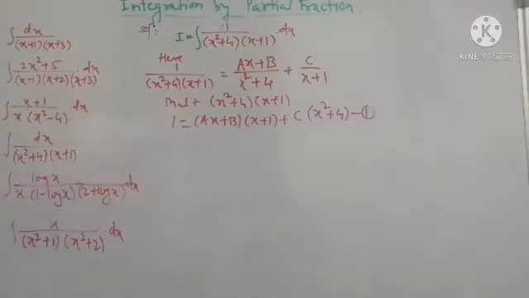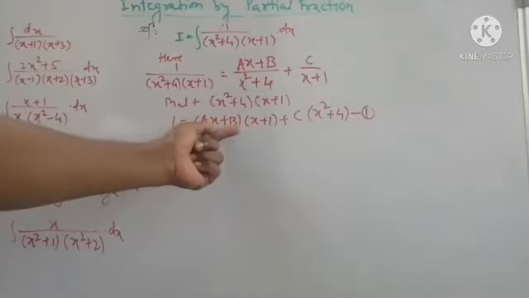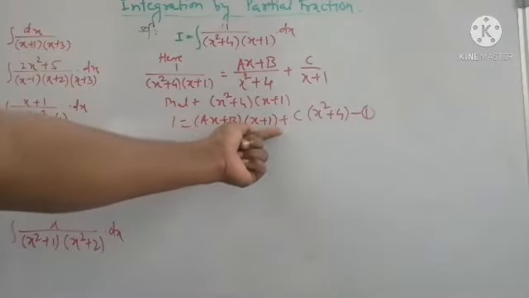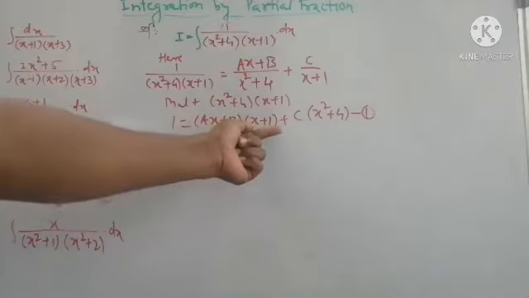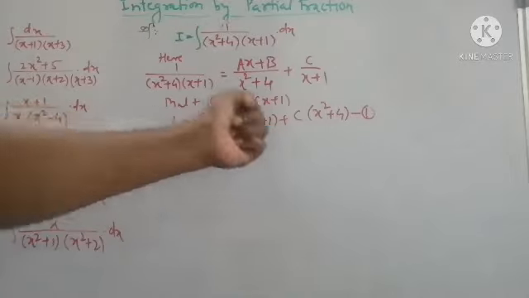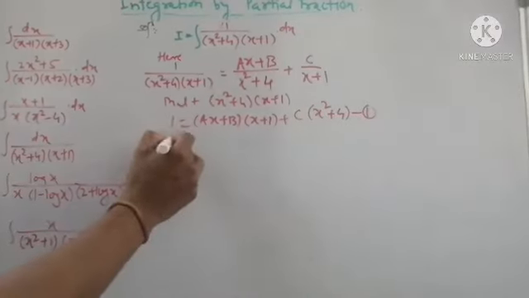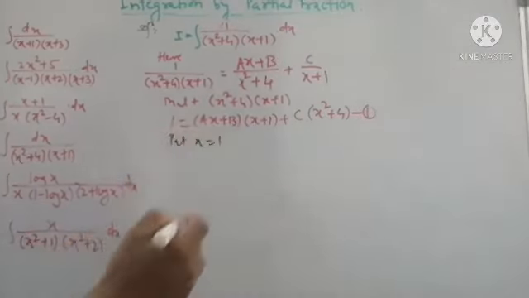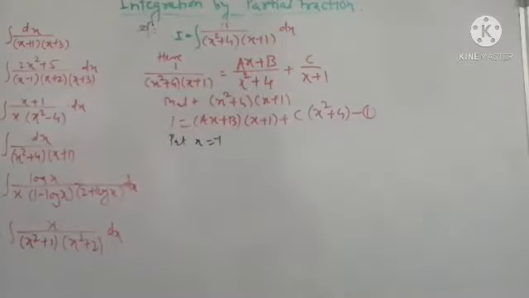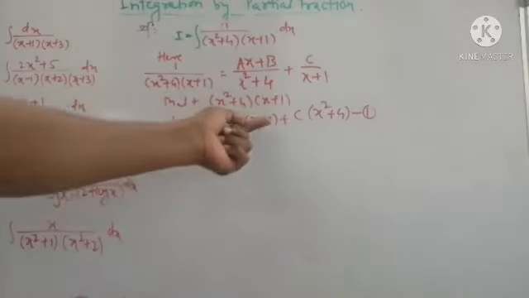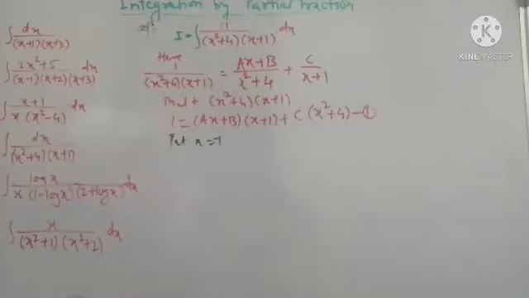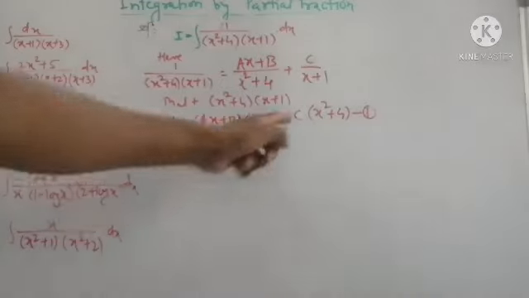So to find the value of c, we can take the term in the product x plus 1 in such a way that for some x it becomes 0. Now you can check, for x equal to minus 1, this bracket will become 0. That means the terms of a and b are eliminated, so we get the value of c.